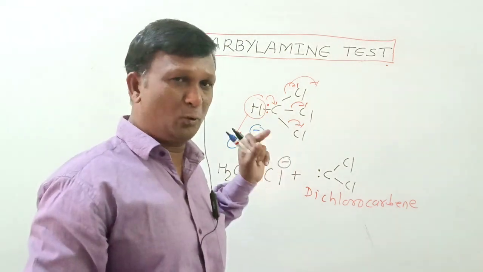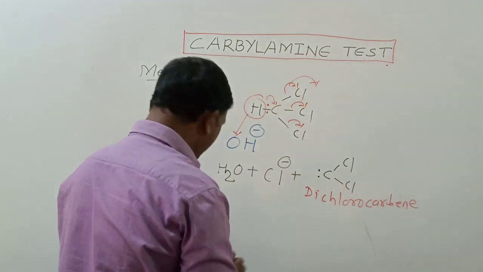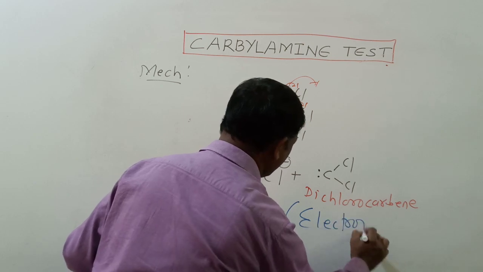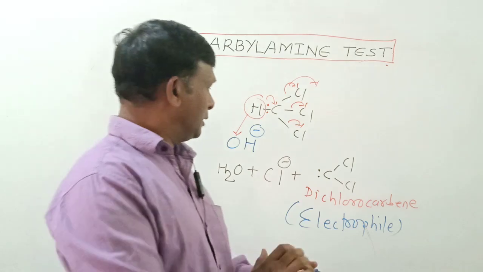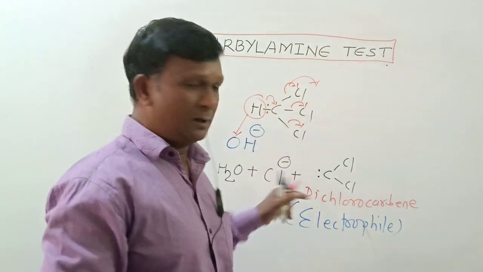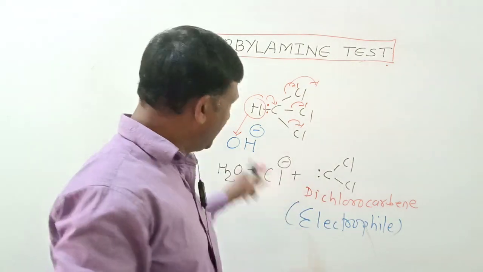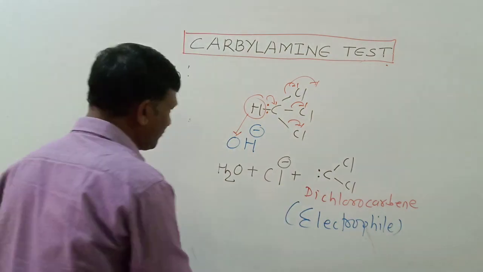It is in need of 2 electrons to complete its octet. So dichlorocarbene will behave here as an electrophile. So this is a very important part to find out: the electron deficient species, the electrophile generated in this reaction, is dichlorocarbene.